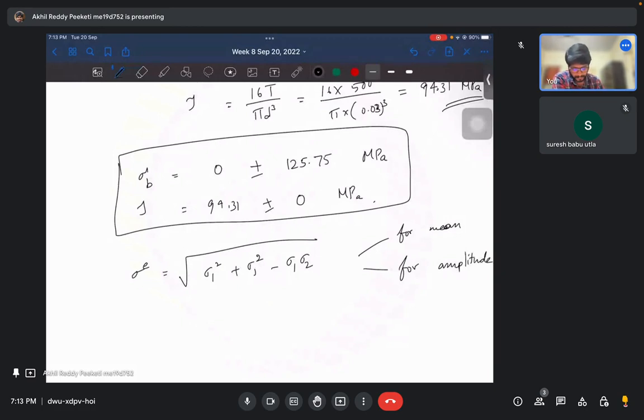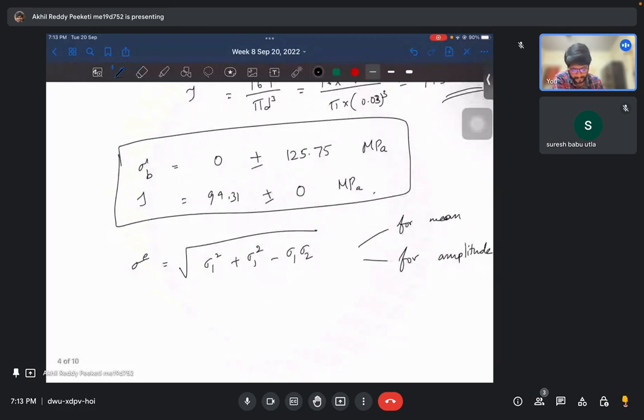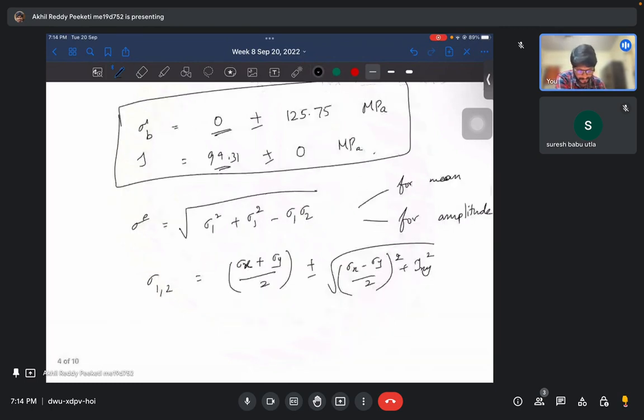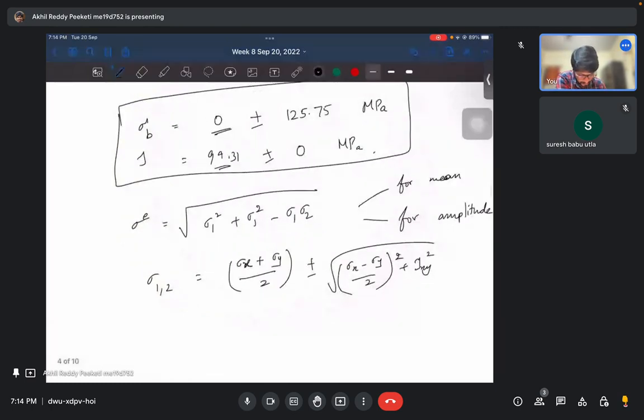Now in the mean we have sigma bending as 0 and only tau is there. So sigma 1, 2 would be, because sigma x and sigma y are 0, only tau xy.